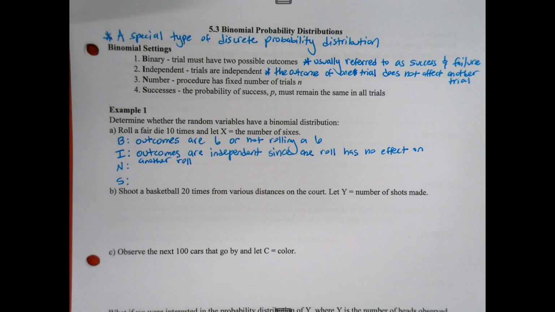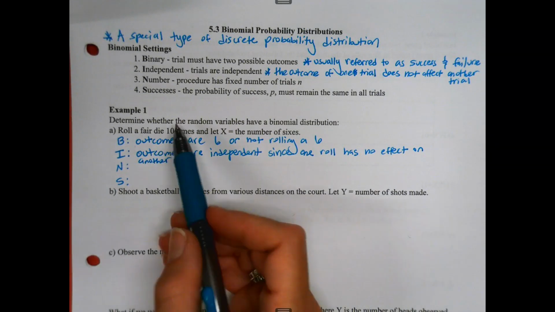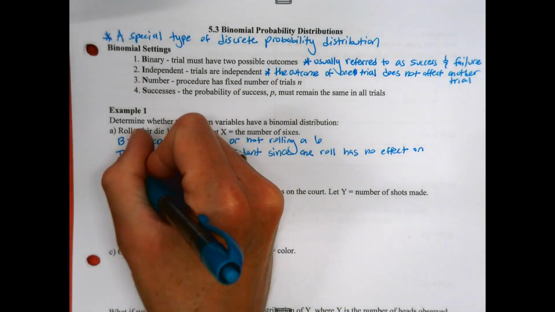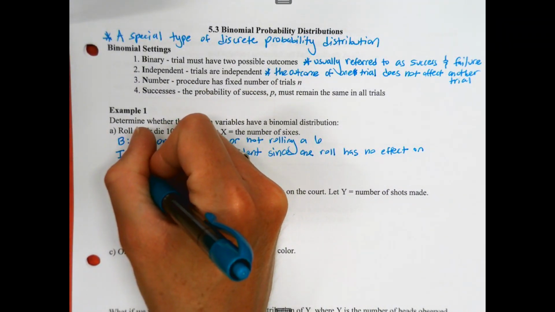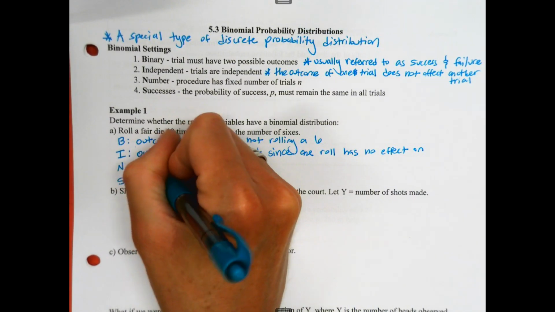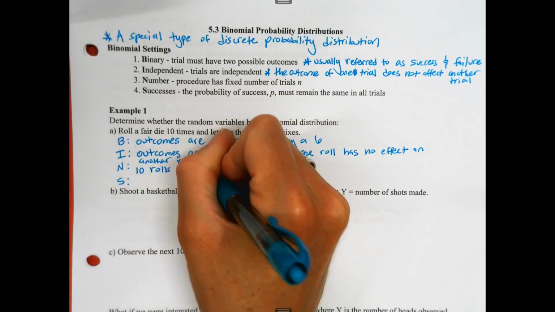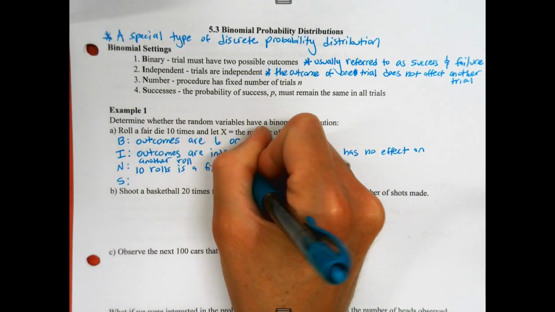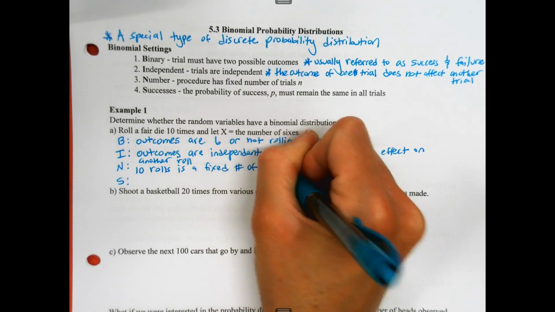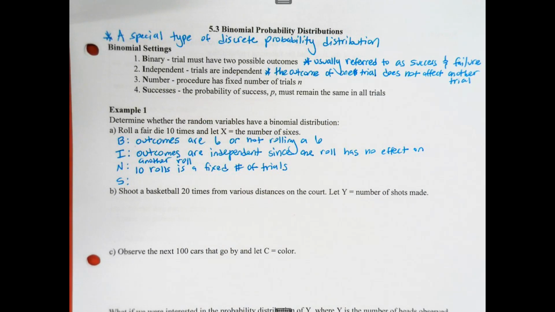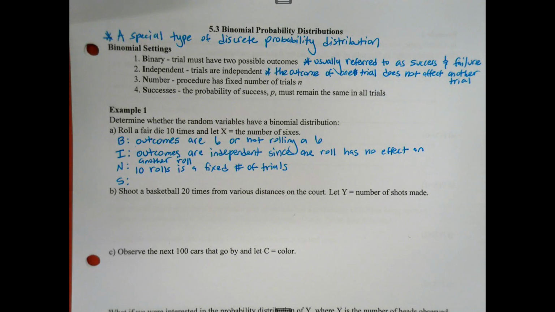Does it have a fixed number of trials? It told us we're going to roll it 10 times. Therefore, 10 rolls is a fixed number. And the probability of success. Does the probability of success remain the same? Yes, it is remaining the same.